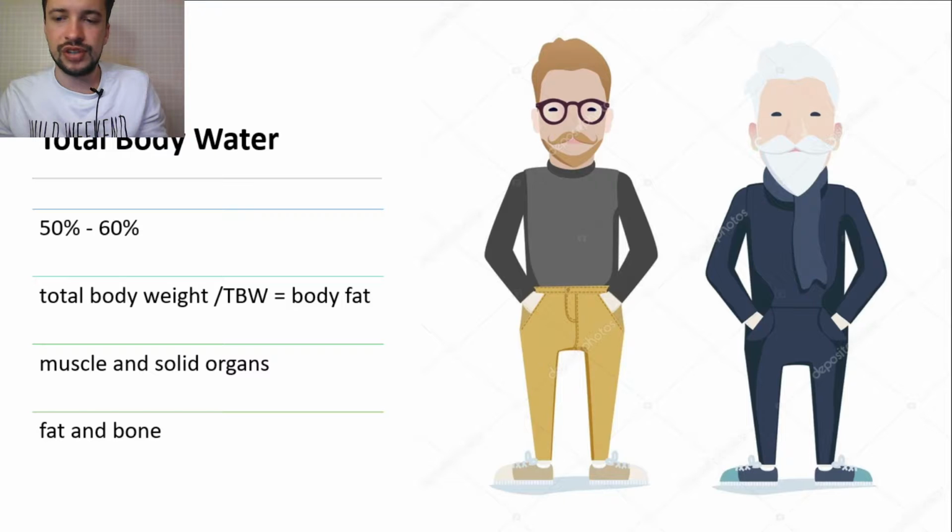Lean tissues such as muscle and solid organs have higher water content than fat and bone. As a result, young, lean males have a higher proportion of body weight as water than elderly or obese individuals.